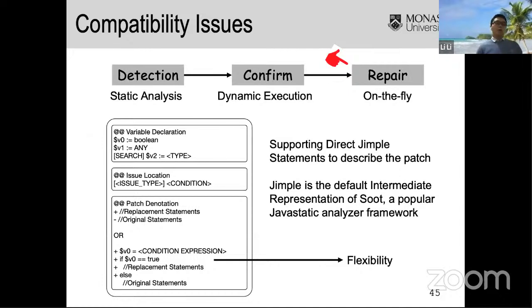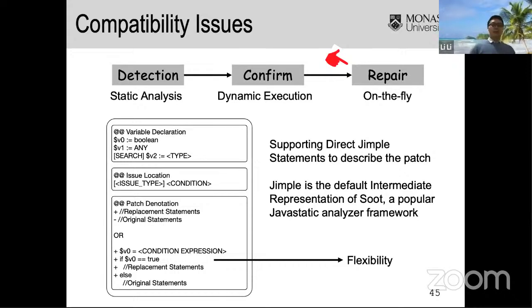It is worth highlighting that in this work, we introduced templates that allow users to use the whole language called Jimple to write the patches. Jimple is the default intermediate representation of Soot, a popular Java static analysis framework.